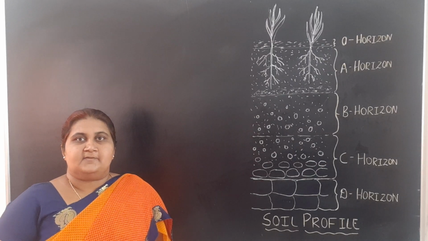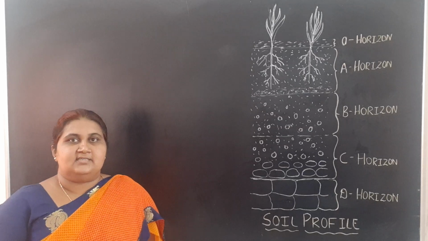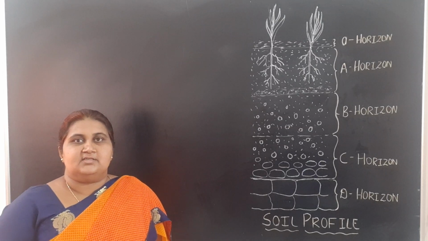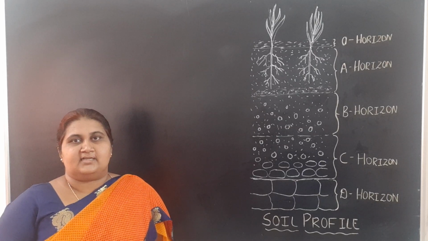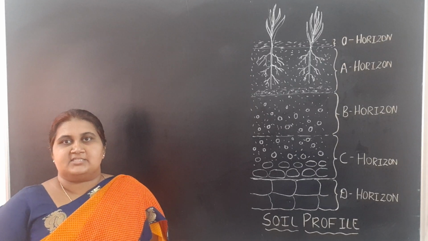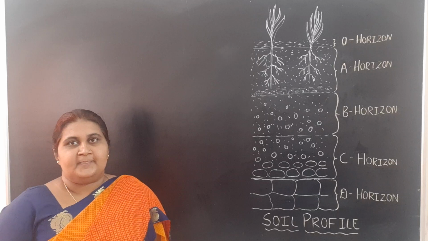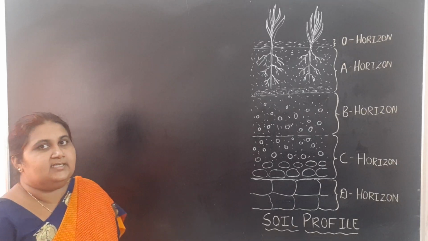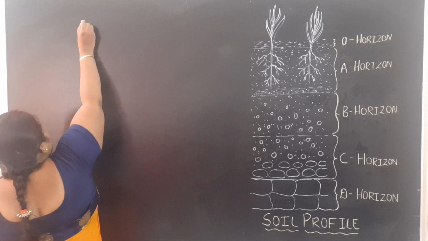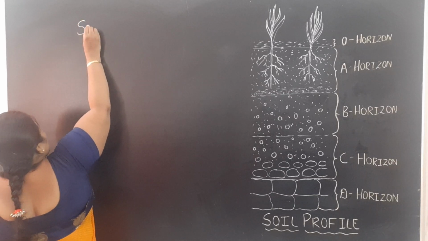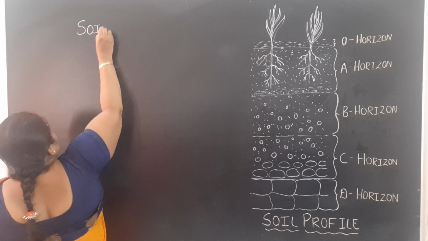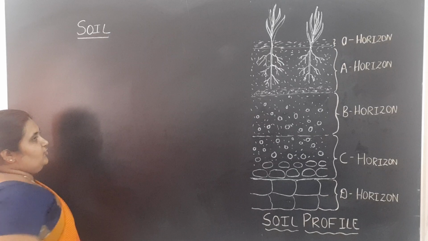In the last class, you studied the three major abiotic factors, that is temperature, water and light. Now you are going to study about soil.